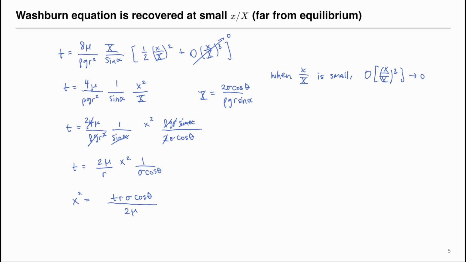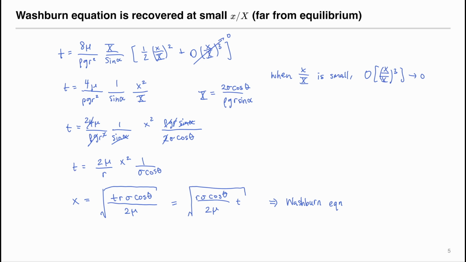And to take the square root of both sides, we have x equals r sigma cosine theta divided by 2 mu t, everything square root. This is exactly the Washburn equation.